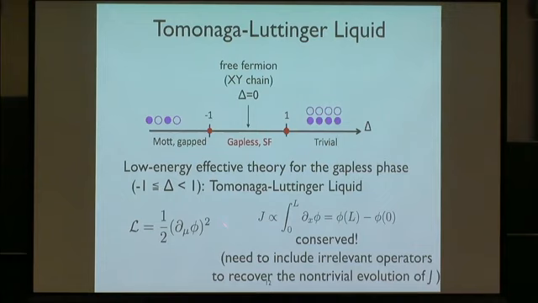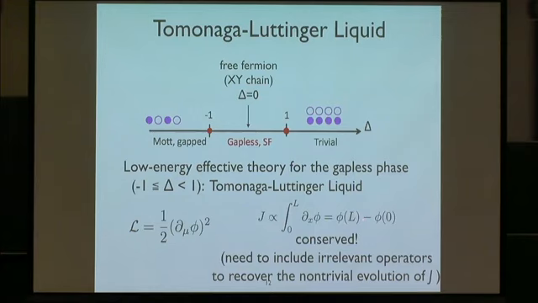If you just consider this free boson Lagrangian, or the ideal Tomonaga-Luttinger liquid, then the local current is given by some derivative of phi. So if you consider the uniform component of the current, this capital J, you integrate over this derivative of phi. So J corresponds to the difference between the boson fields at the boundaries, the right end and the left end.